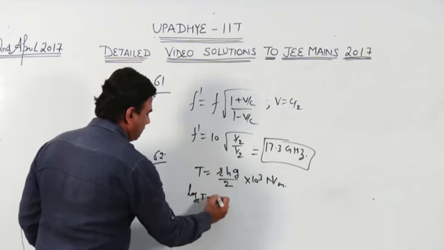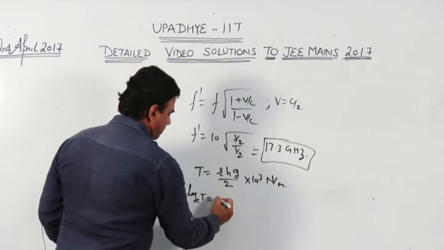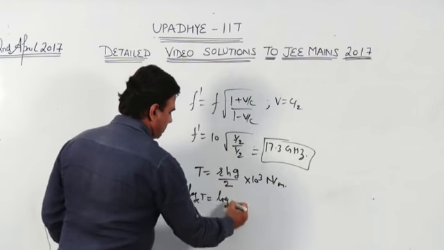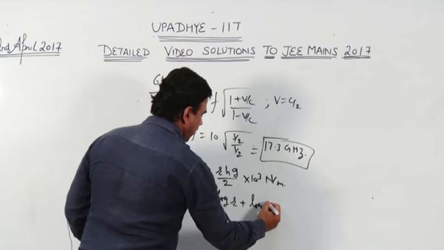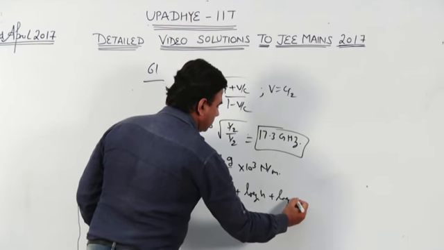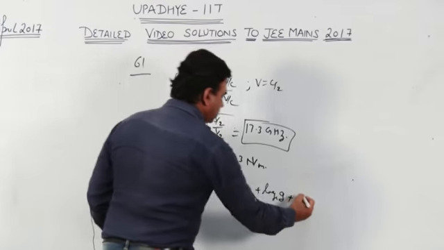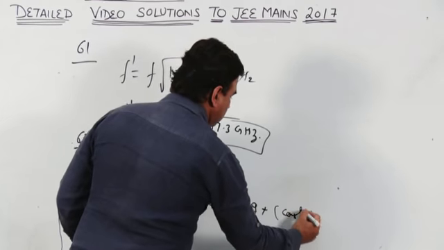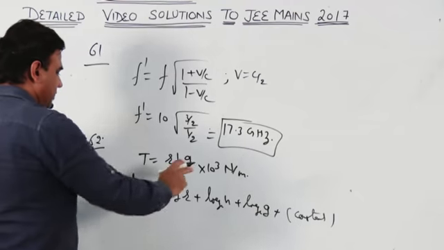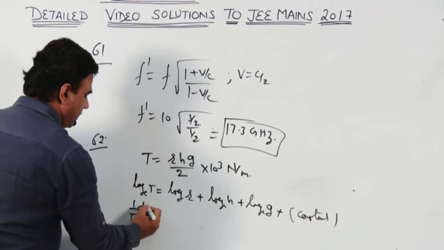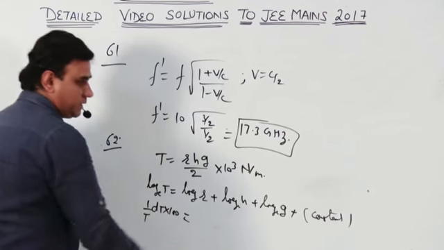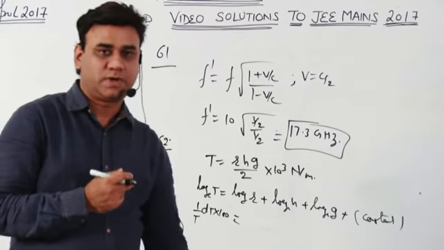So log T equals, since it is in a product, log R plus log H plus log G, and the remaining will be constant. If we differentiate both sides of the equation, we will get dT by T, and here we have to find percentage error, so we can multiply both sides by 100.